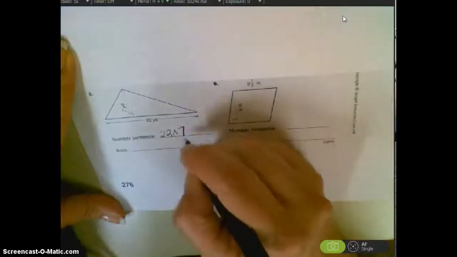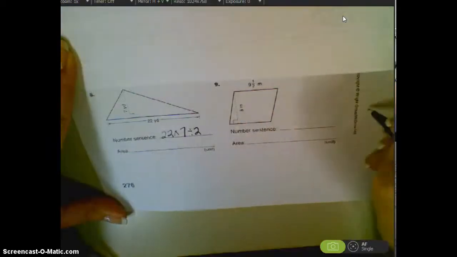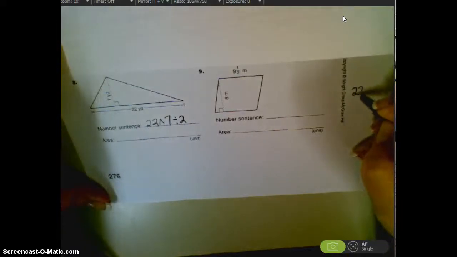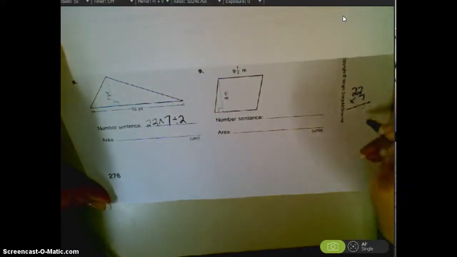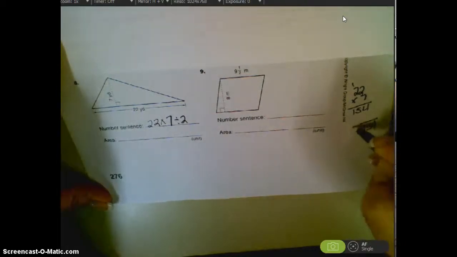And when we're finished figuring that out, we're going to divide it by 2 because it is a triangle. So let's do some scratch work over here. 22 times 7, 154. And let's divide it by 2. Maybe you can do it mentally.